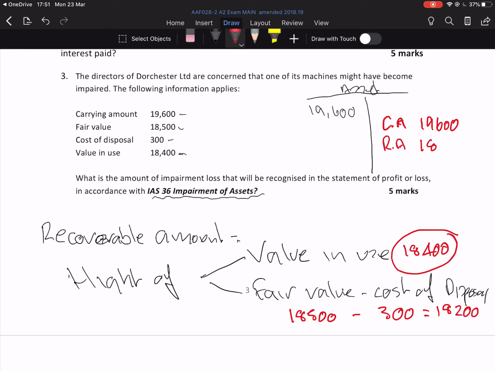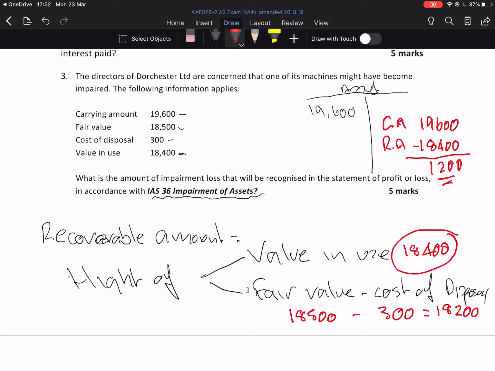So 18,400. So we take that from the carrying amount, which therefore means we've got 1,200 is the loss on that particular asset. So record the asset in the statement of financial position of 18,400, and the loss on disposal is 1,200.